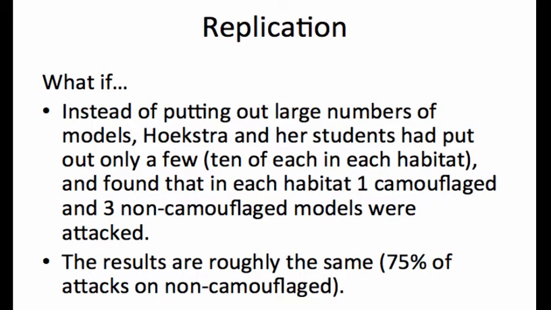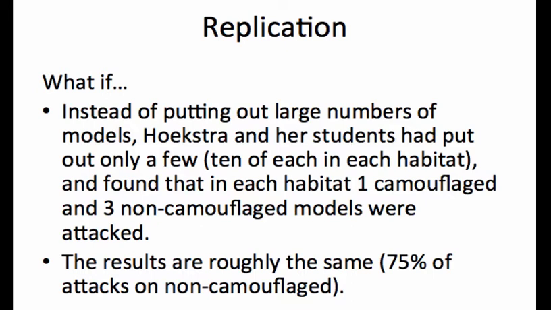Now, if you think about this just a little bit harder, consider the possibility that there was absolutely no difference in the way predators saw the 2 mice. The attack rates really are about the same in both habitats on the light and dark mice. Okay? But we're only talking about 4 attacks, right?